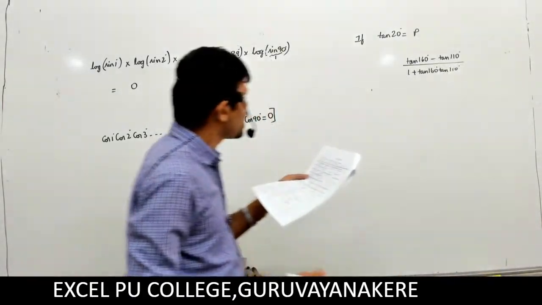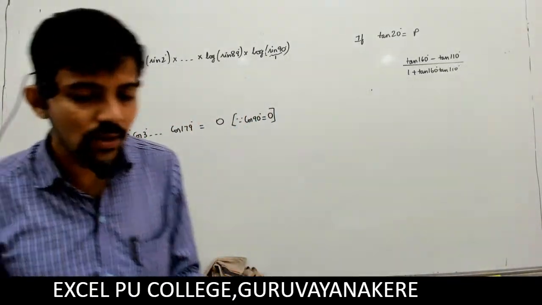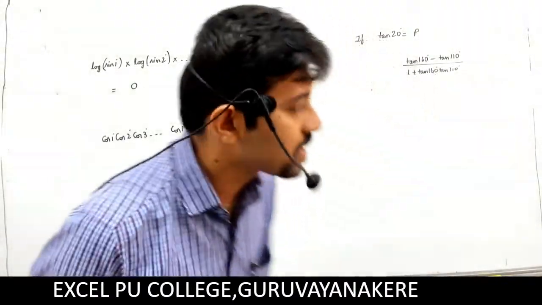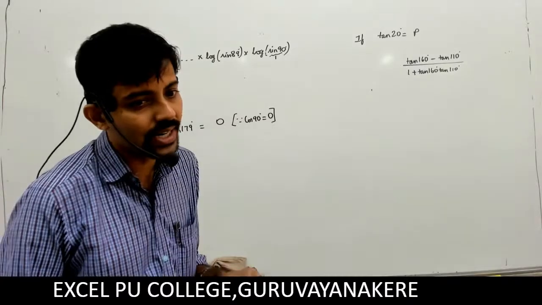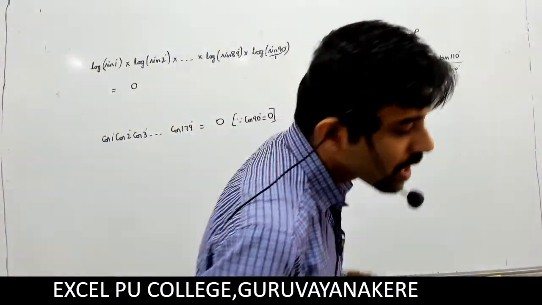Tan 20 degree is equal to P. You have to find the value of this expression. It is equal to how much?